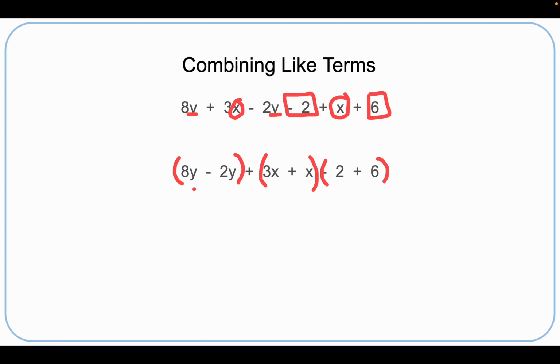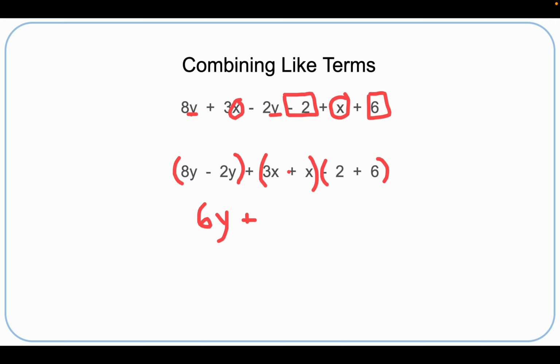And so we can combine these by adding them. Here we have 8y minus 2y. Another way to say that is 8y plus a -2y. So 8 minus 2 is 6. So then we're just left with 6y.